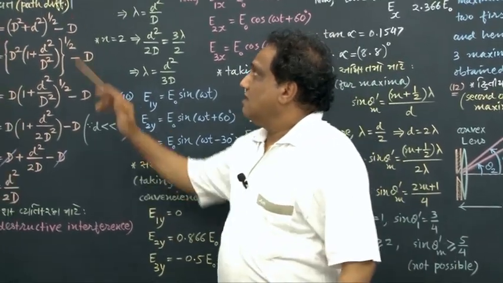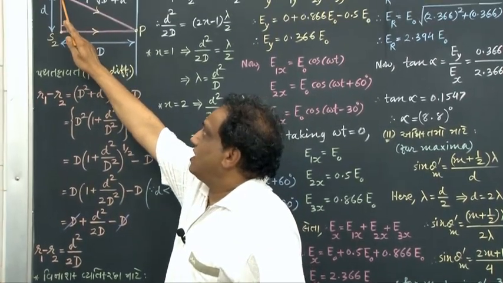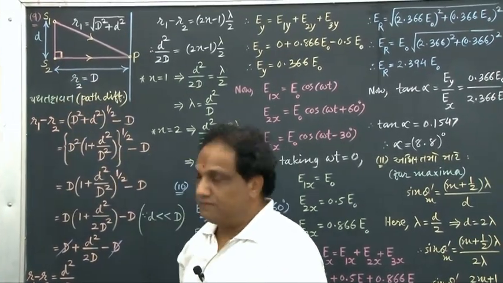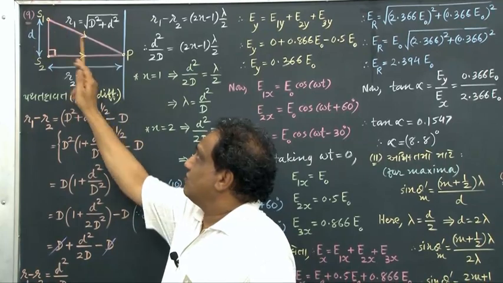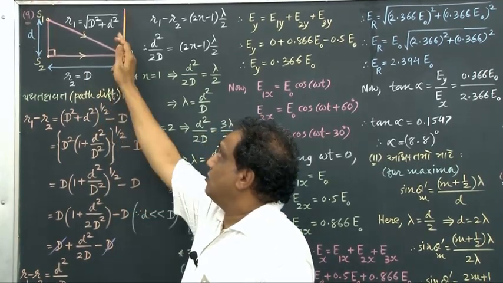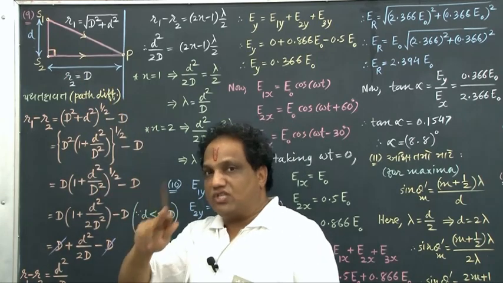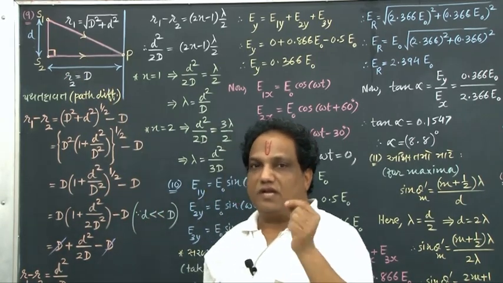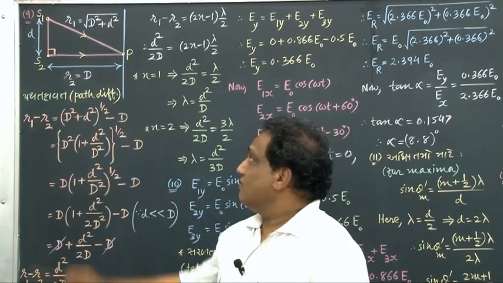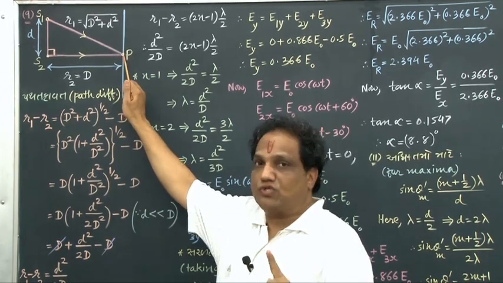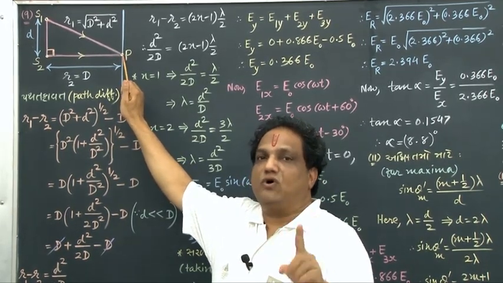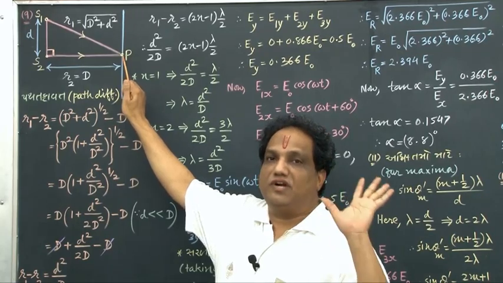Look, we have two point-like sources of light waves. They emit light waves which superpose at point P on the screen. The situation is like this, and we are asked to find the wavelength corresponding to that light wave which here produces first and second order destructive interference.